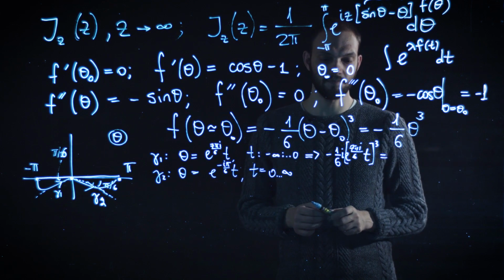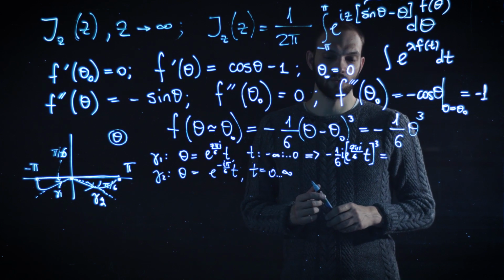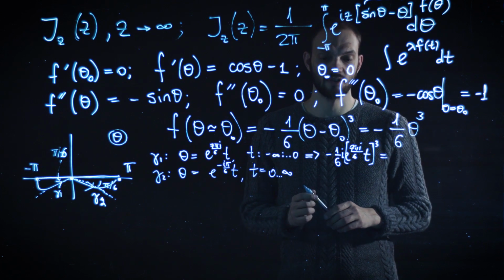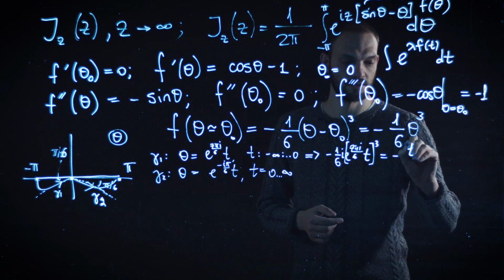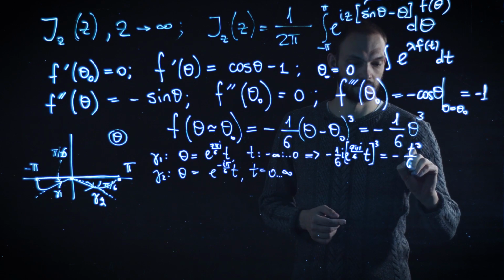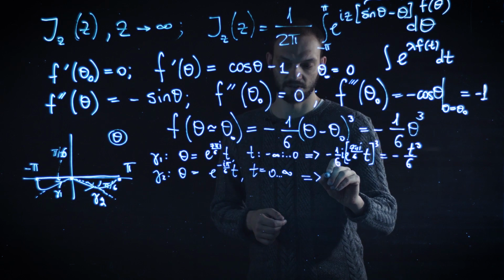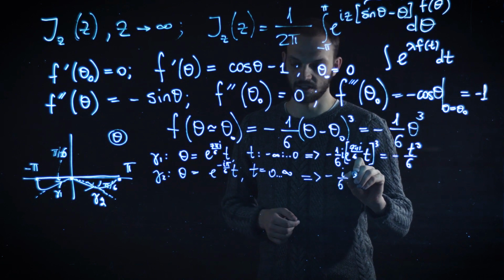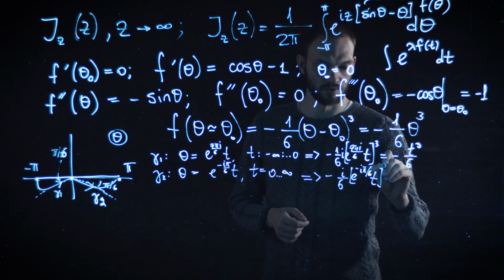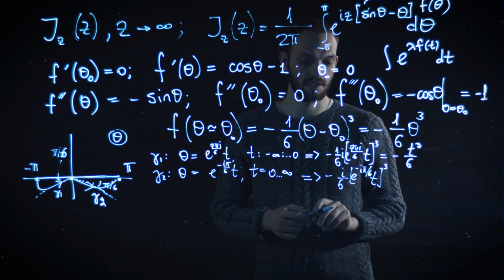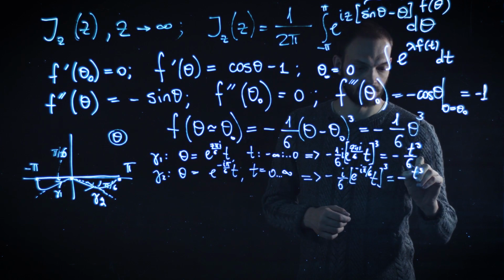What it does, it gives us 21 pi I over 6, which is nothing but imaginary I. So after everything combined, it becomes minus t cubed over 6. And the same happens here: this is minus I over 6 times exponent of minus I pi over 6 times t cubed. Again, this becomes minus I, and with everything combined, it gives minus t cubed over 6.